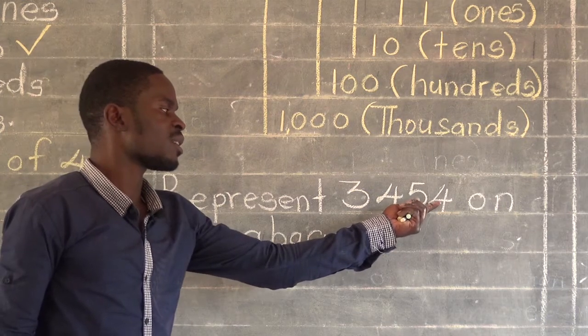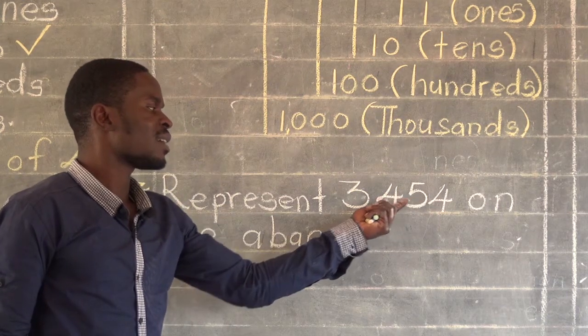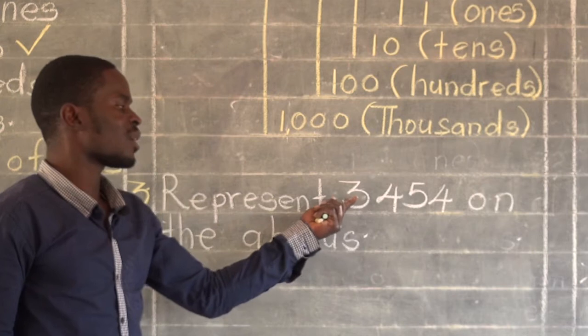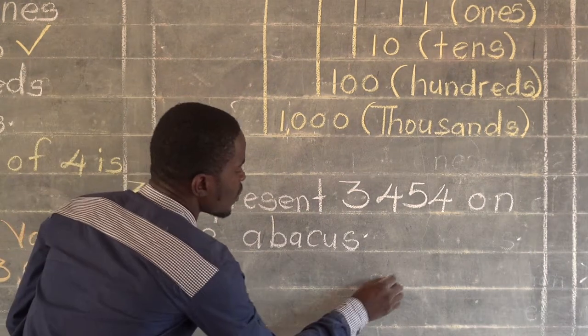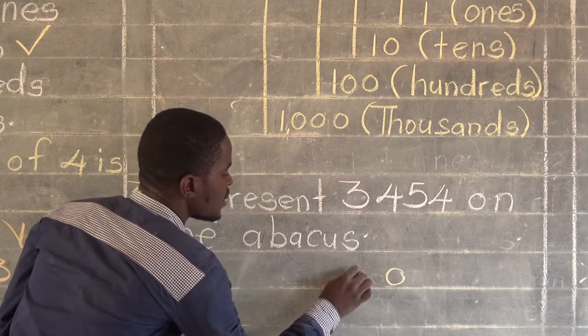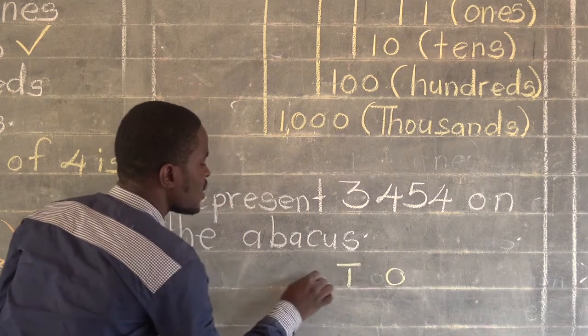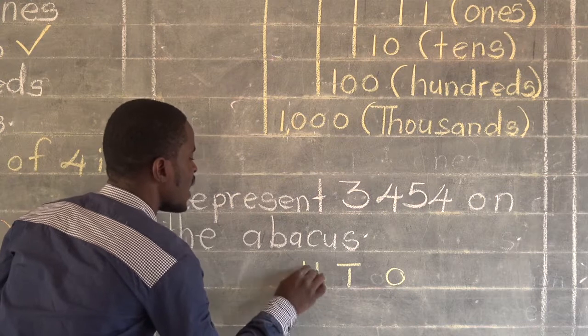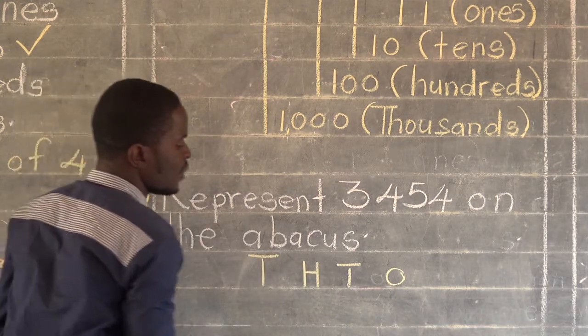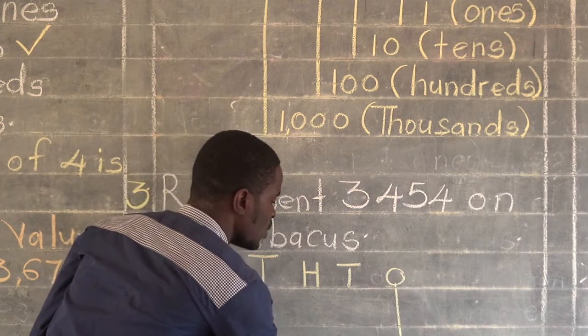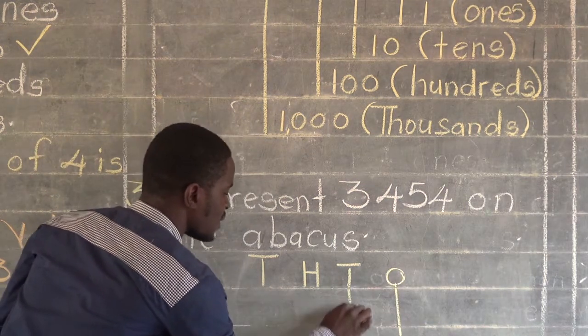We have the ones place value, tens, hundreds, and thousands. So we shall write those place values right here. Ones, tens, hundreds, and lastly the thousands place value. Then now we shall draw our lines like this.